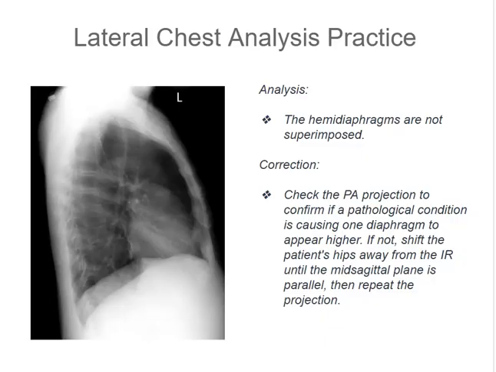Refer back to the PA projection to determine if there are any pathological conditions that are causing one hemidiaphragm to sit above the other. However, if there is not, ensure that the patient's hips are symmetrical, and you may need to reposition them so that we can get those hemidiaphragms superimposed more.